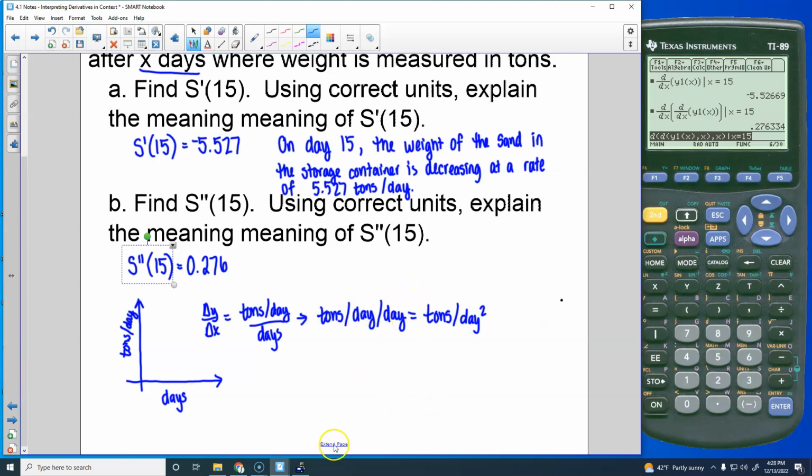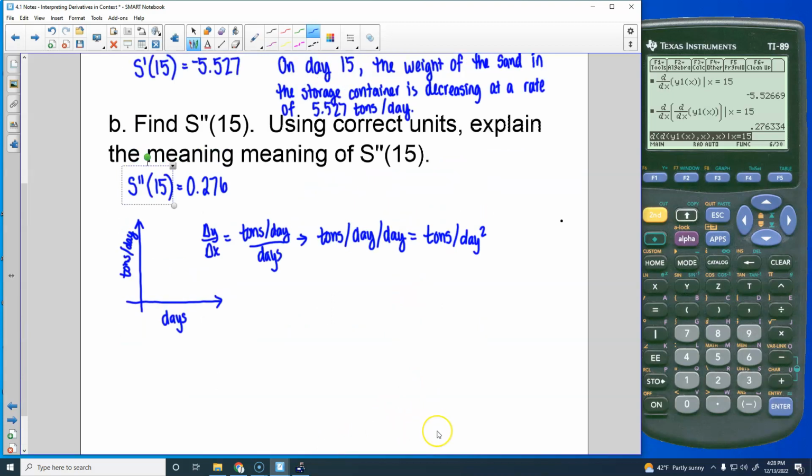So what we're looking at here with the second derivative is the rate of change of the rate.